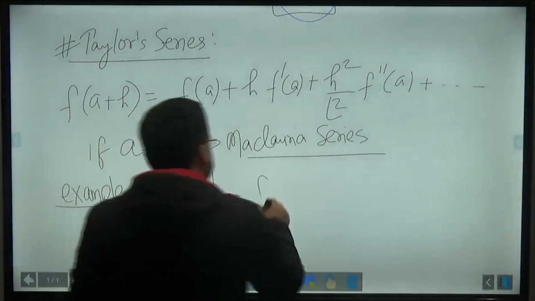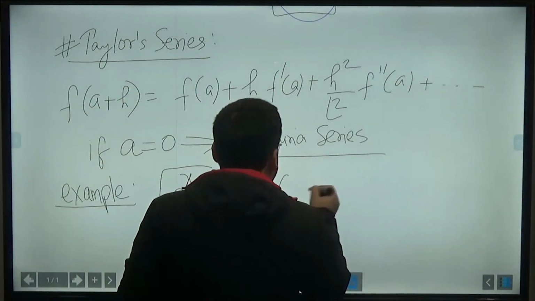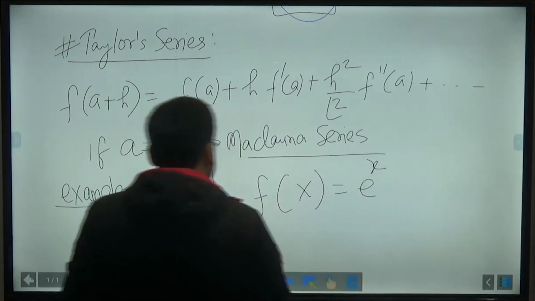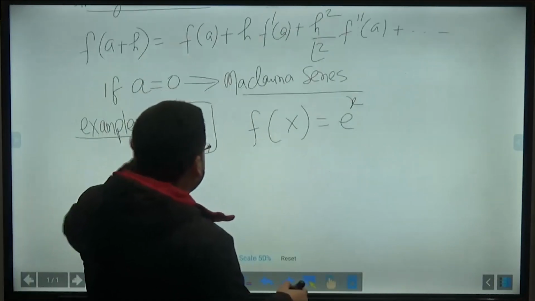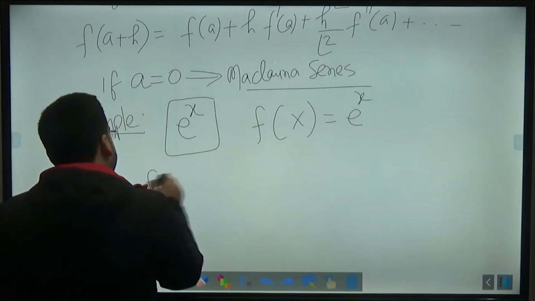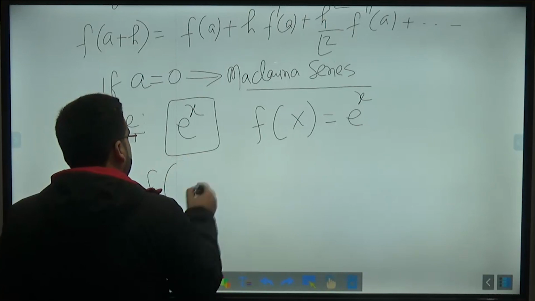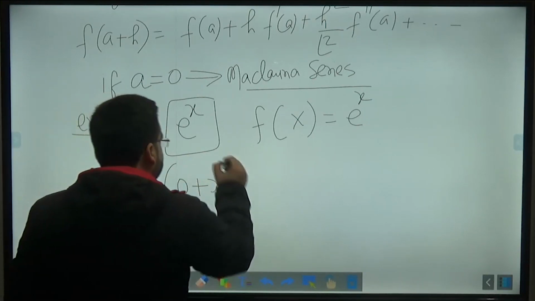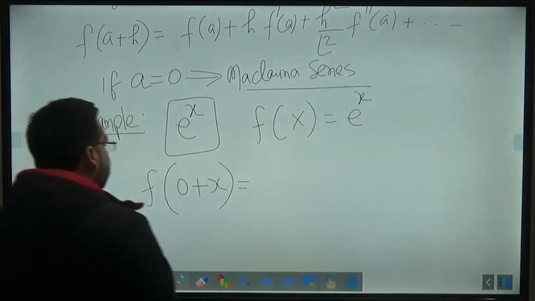Let us say you want to expand e raised to the power x. What is this f of x? F of x is e raised to the power x. I can also write it as f of 0 plus x.